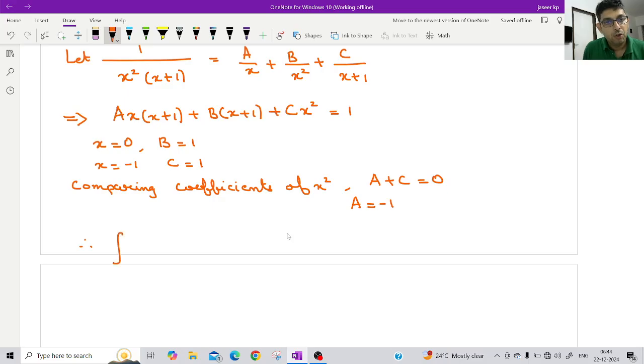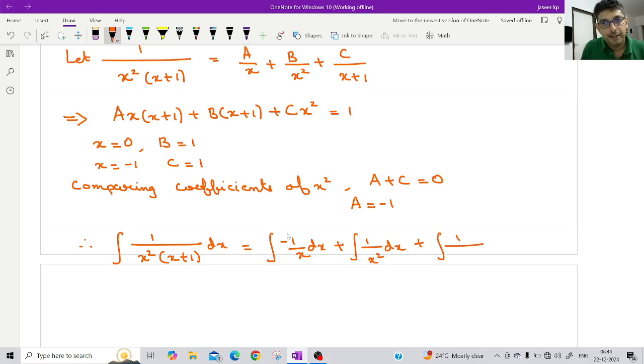integral 1 by x square into x plus 1 dx, which is same as integral minus 1 by x dx plus integral 1 by x square dx plus integral 1 by x plus 1 dx.